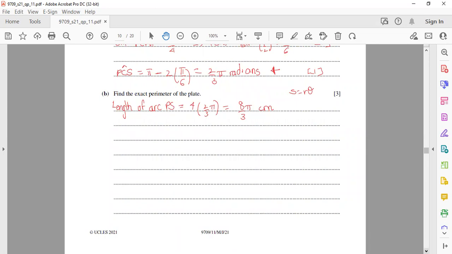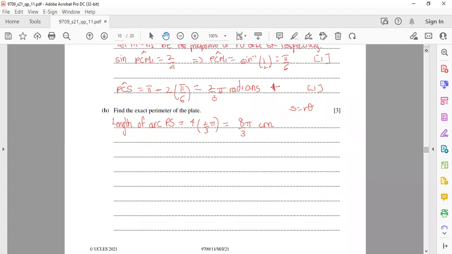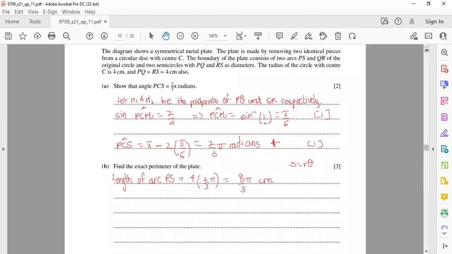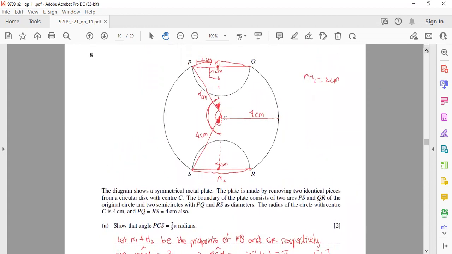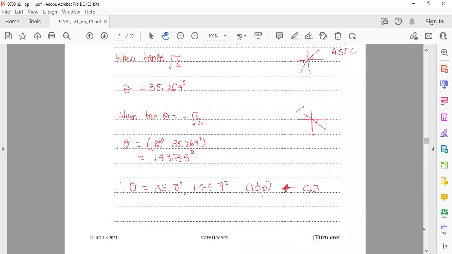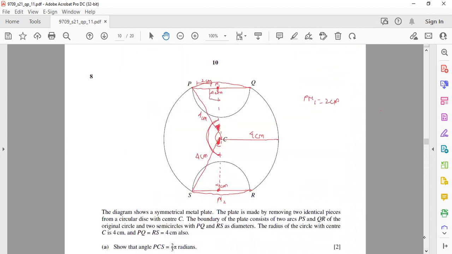Now, to find the length of arc PQ, the semicircle. Since we know that it's a semicircle, the circumference of a circle is 2 pi r, so the circumference of a semicircle would be half of that. And we know already that the diameter is 4 centimeters, so the radius would be 2 centimeters.